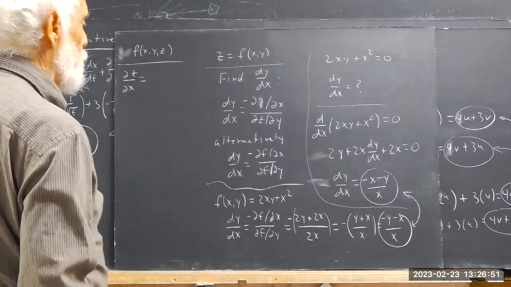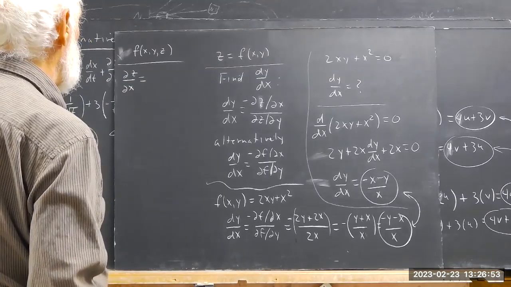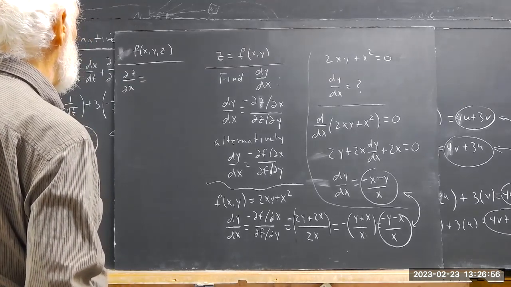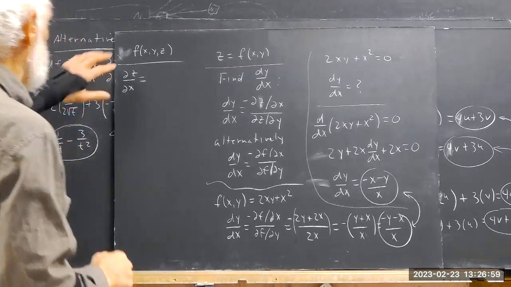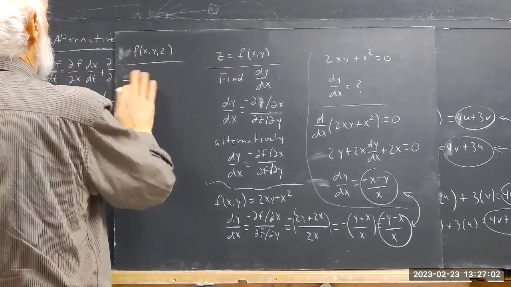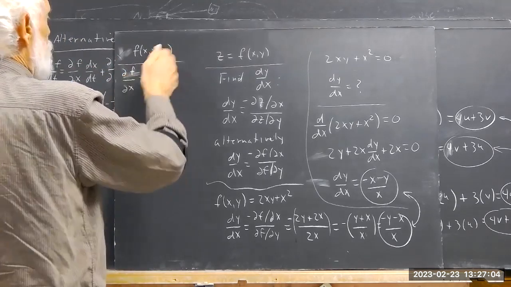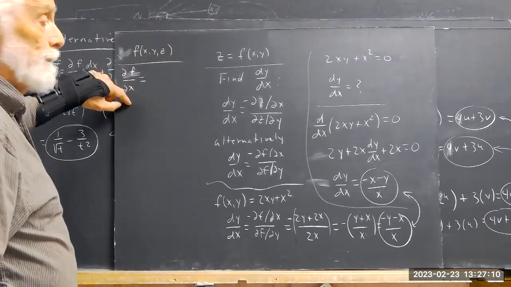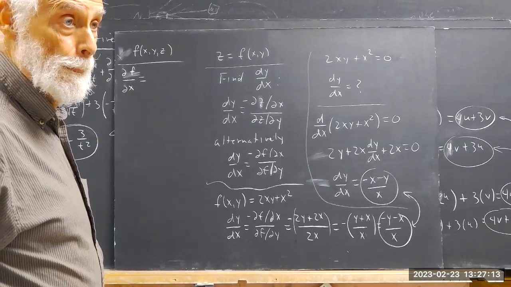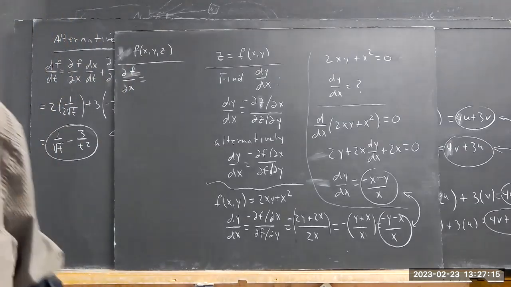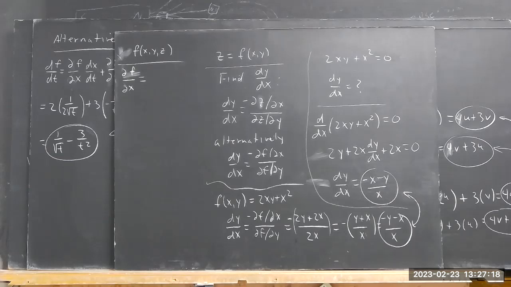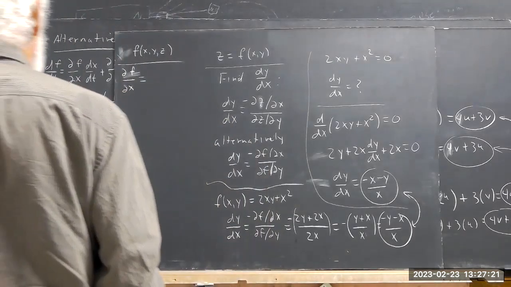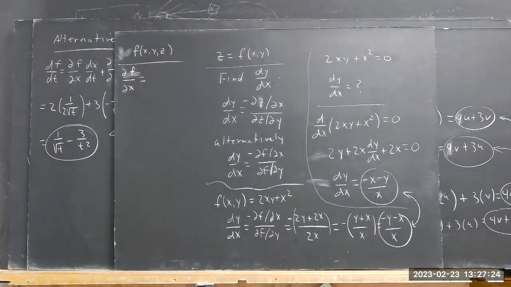You do the partial of z with respect to x, partial f with respect to x. What is partial of z with respect to x? The rate at which this function changes if x changes. No, we're doing partial z with respect to x.